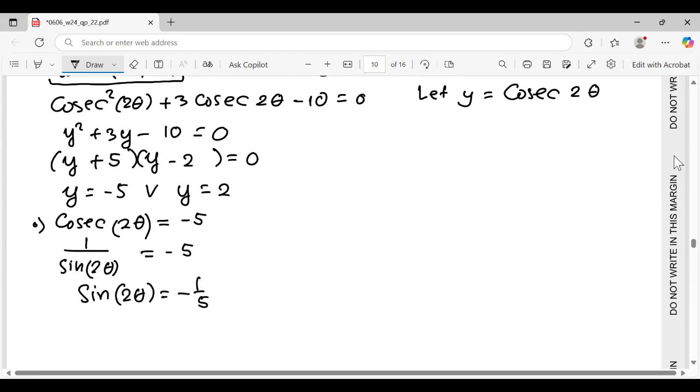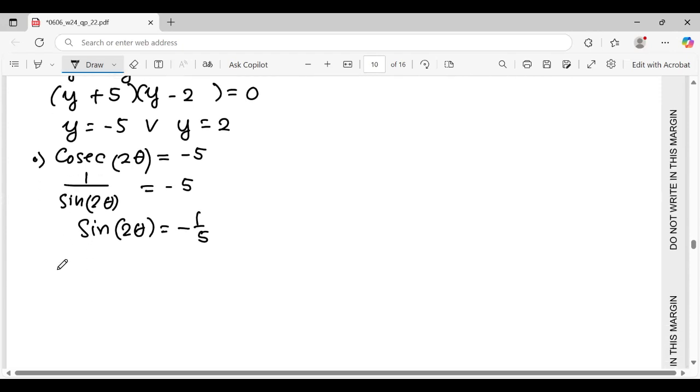So 2 theta equals sine power minus 1 of minus 1/5. So it is minus 11.54. So theta equal minus 5.77.